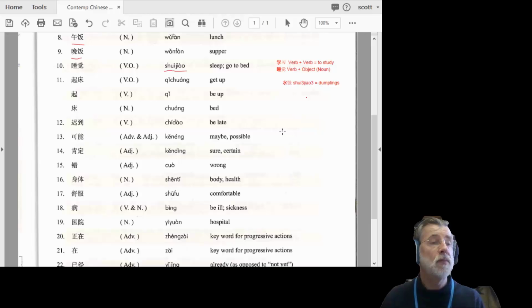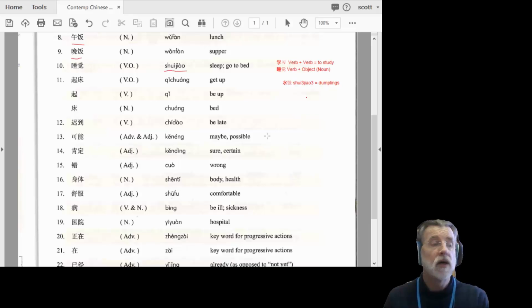Next one, maybe, possible. So this is both an adverb and an adjective, and remember adverbs add to the meaning of the verb, and adjectives are descriptive words. They describe the characters or features of a noun of some sort. And this word maybe or possible is 可能.